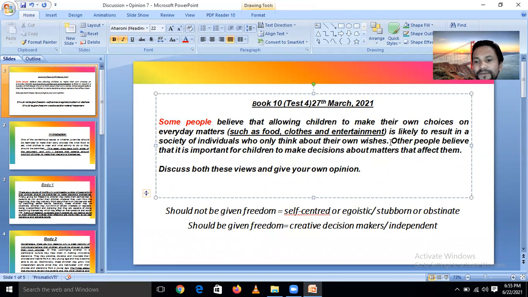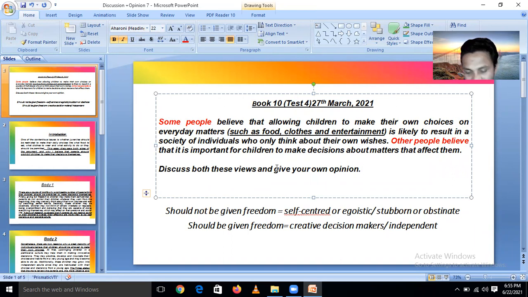are the opponents. Some people believe, and "some people" means a great majority of people or a noticeable number of people.